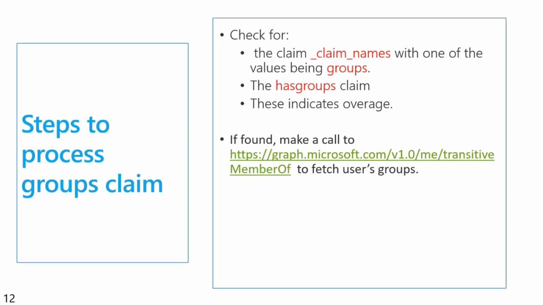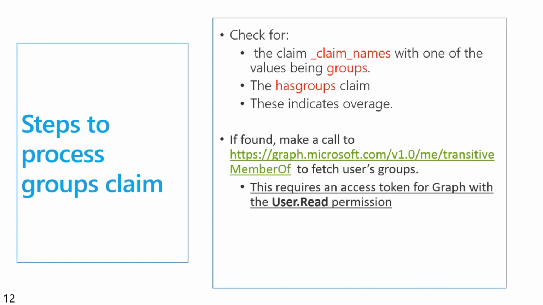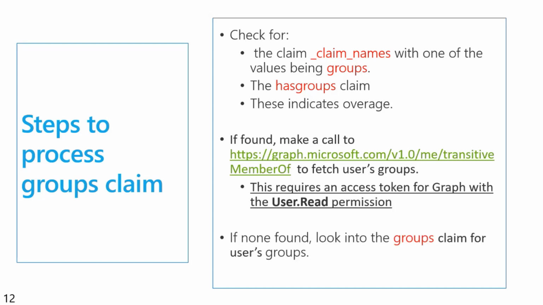This can be done with a user.read permission, but it does require an access token. Can't make this call with an ID token. And if that's not the case, I can find out if there's a groups claim. Now, if there's no groups claim, and there's no _claim_names claim, and there's no hasgroups claim, it just means the user is not in any groups.